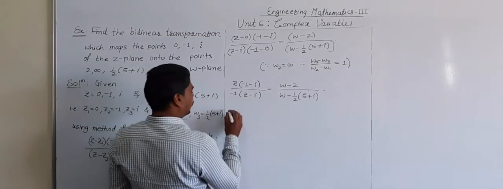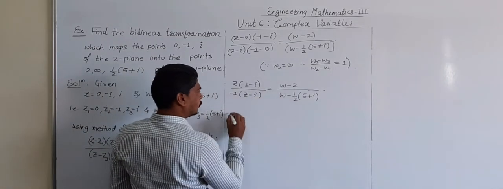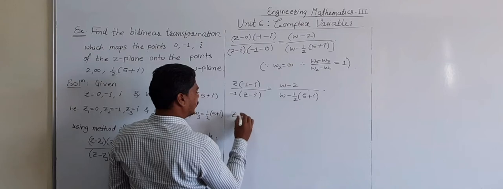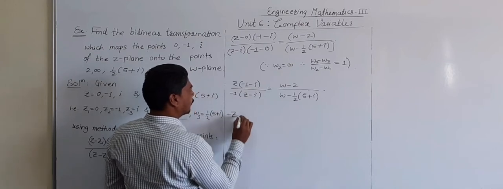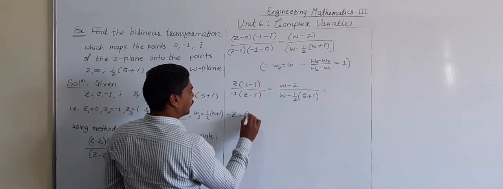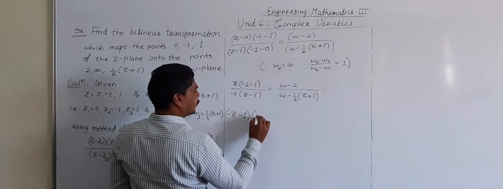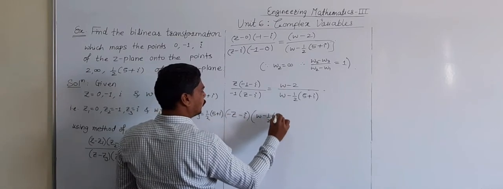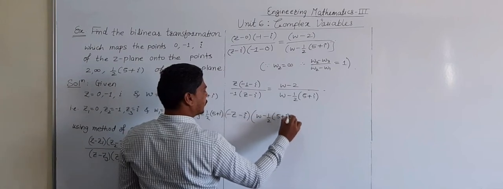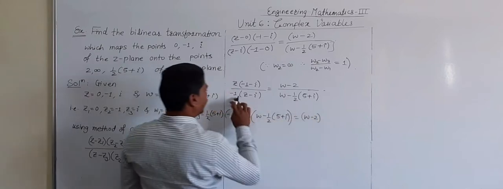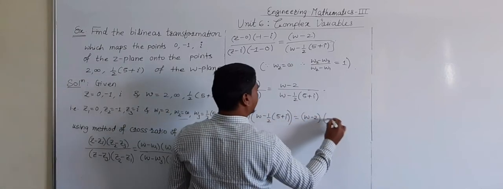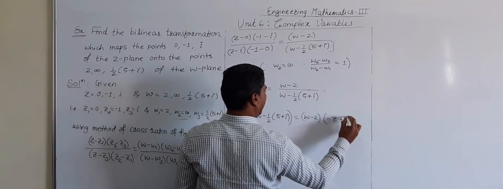So first of all, I will use cross multiplication. So z into bracket minus, simplify this, we get (minus z minus i) into (w minus 1/2 into bracket (5 plus i)) is equal to (w minus 2) into, multiplying this minus sign inside the bracket, (minus z plus i).